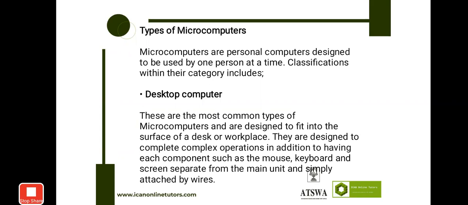We now have the ones that have the flat head. So they complete complex operations, but they have separate components. You have mouse, keyboard, CPU, screen, and all of that. They are separate from the main unit, but they are all attached together with wires.